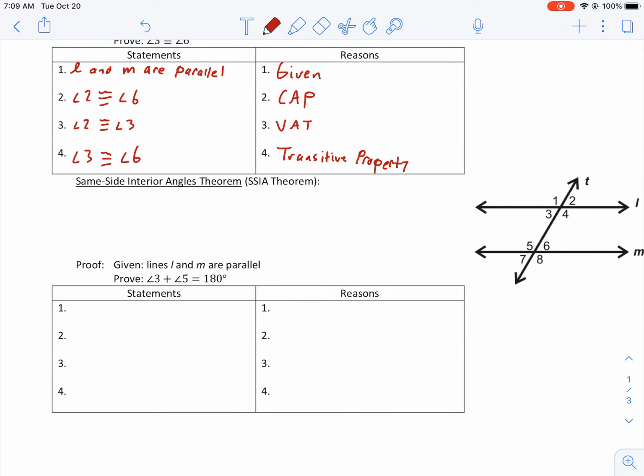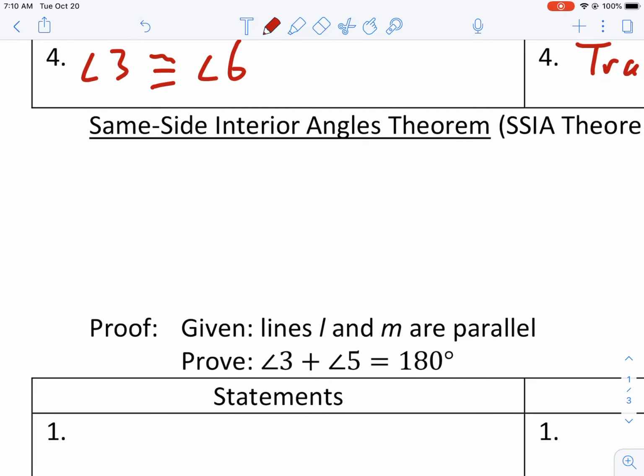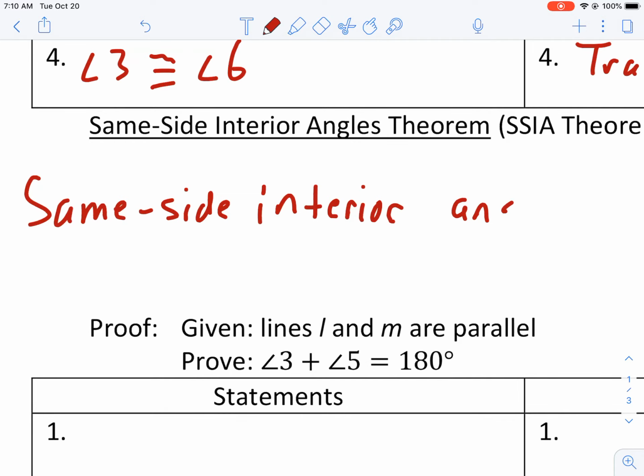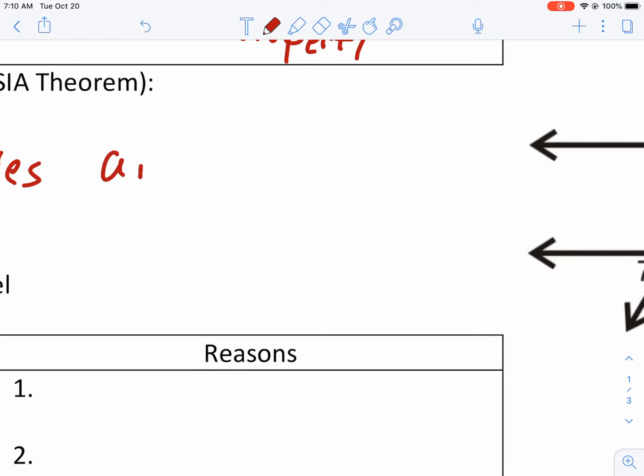The next one that we're going to use is the same side interior angles theorem. So we talked about this yesterday. This one actually breaks the pattern that we've had so far. So same side interior angles are not congruent. They are supplementary.